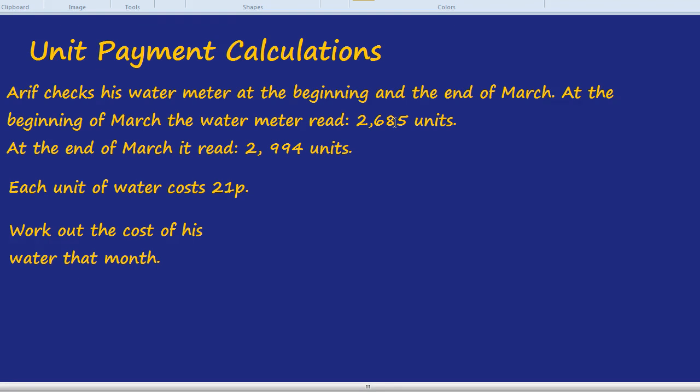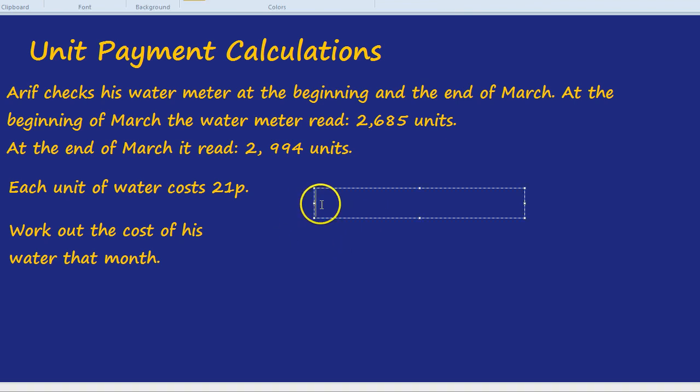So previous years perhaps. So really, the number of units he's used that month is simply the difference between the units at the end of the month and the beginning of the month. That's how many units he's used that month, and that's what we care about.